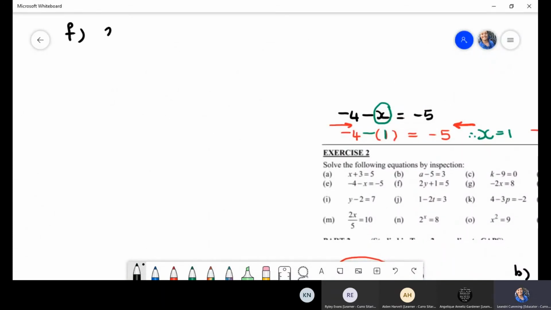Number F says 2y plus 1 equals 5. So 2y, y is just another letter of the alphabet. It's just another variable. Let me quickly touch base on those terminologies that we worked on in our assignments. So what is this 2 right here? If I look at my variable, it is y.